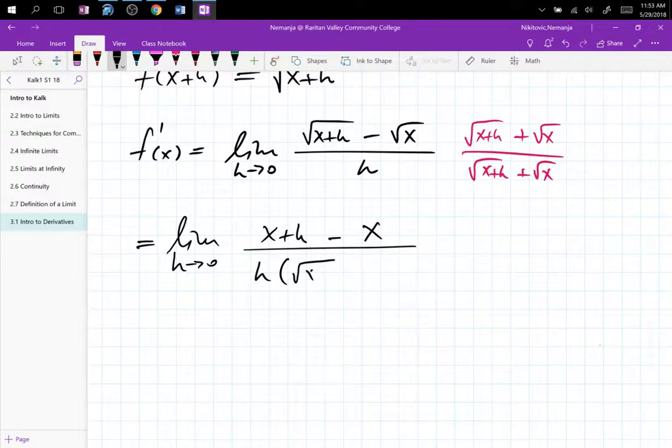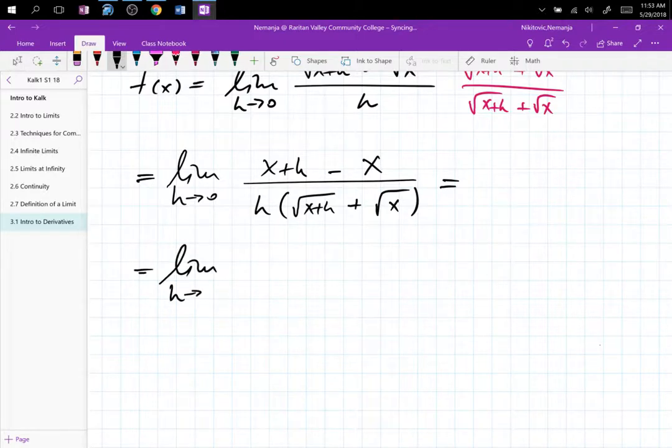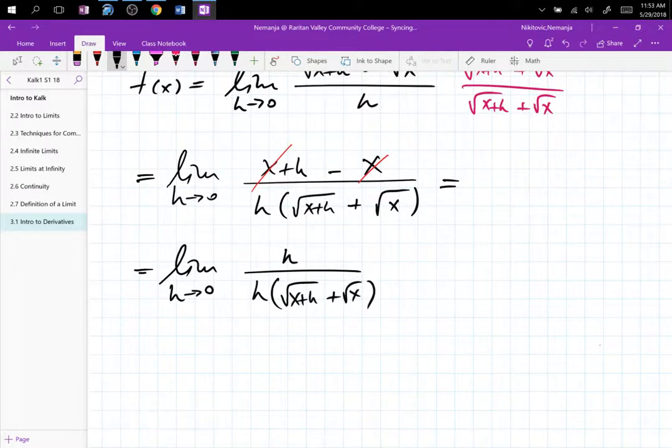I'm going to leave it as is because I have experience with these things. You will discover as you go along, which, I mean, technically you never multiply and FOIL in the denominator. So now in the numerator, as you can see, x's will drop, and you have h divided by h times the parenthesis. Do you see now that the h drops?